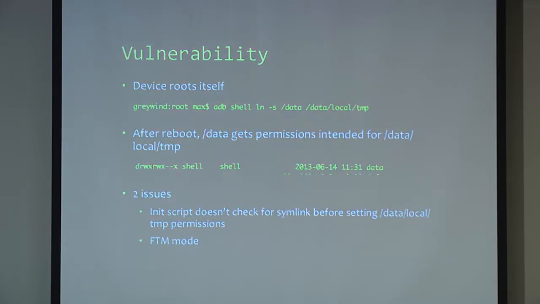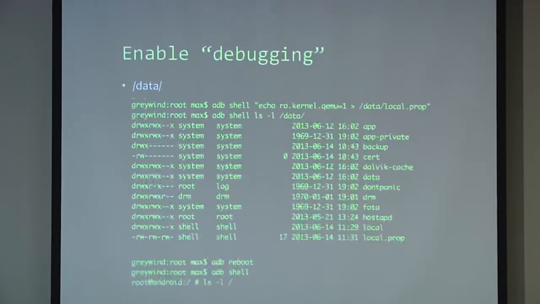So you symlink it, you reboot, and /data is getting the permissions for /data/local/tmp. Now you can write into /data. So the two issues are one, FTM mode, like why is that there? And the second one is that the init script is not checking if /data/local/tmp is a symlink before it's setting permissions.